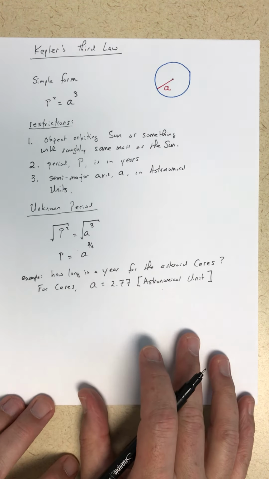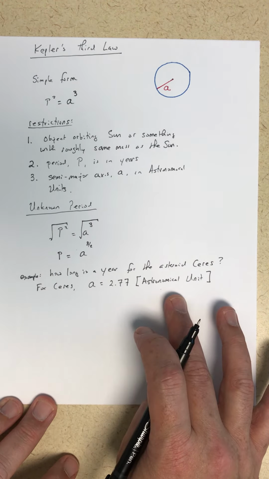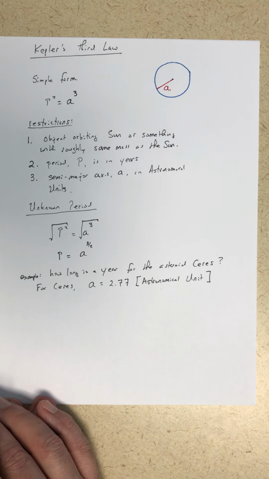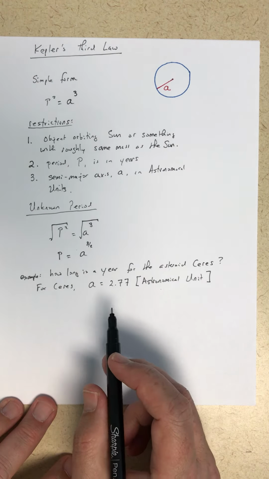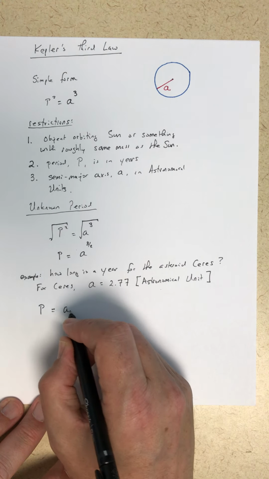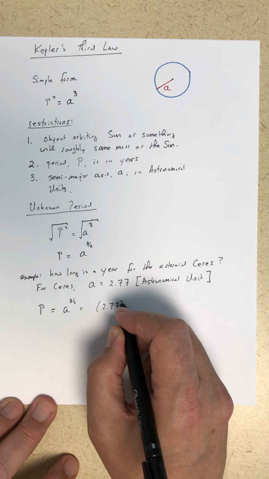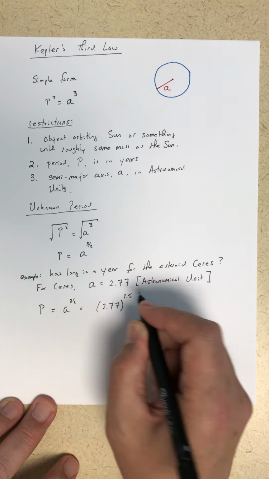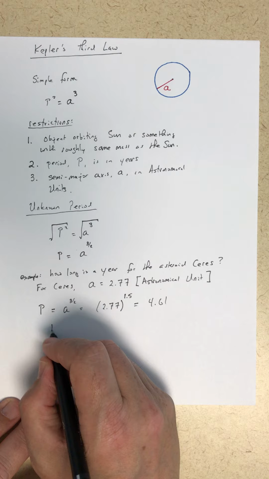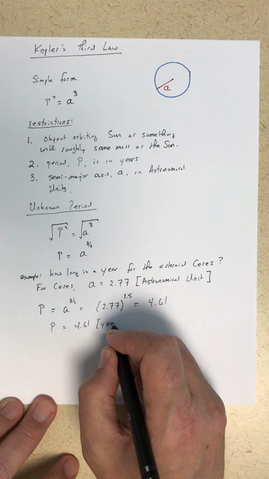Now, the simple form of Kepler's third law is set up such that if this is the number in astronomical units, then P comes out as the period in years, an Earth year. So P is going to be A to the 3/2 power. We just put in 2.77 to the 1.5, that's 3/2, and that tells us 4.61. So the period equals 4.61 years.